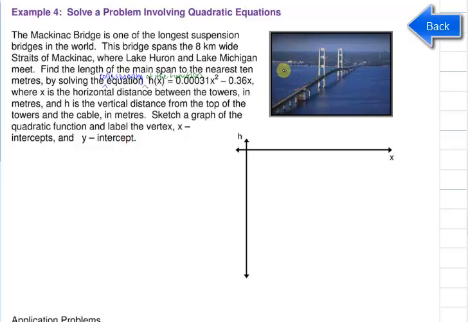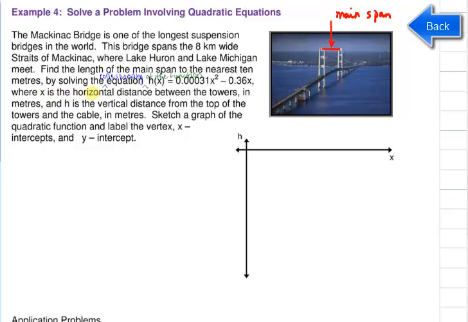Okay, so you're being asked to calculate the length of the main span on this bridge. What you're looking for is the distance between one tower and the next. Okay, so this is the main span.